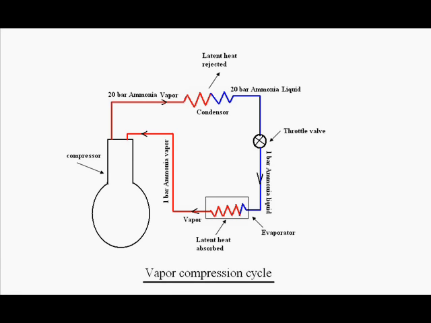We have used ammonia as a refrigerant in this vapor compression cycle which we discussed, but there are many refrigerants available for performing the vapor compression cycle. For example, in our common household refrigerator, the common refrigerant used is R134A.